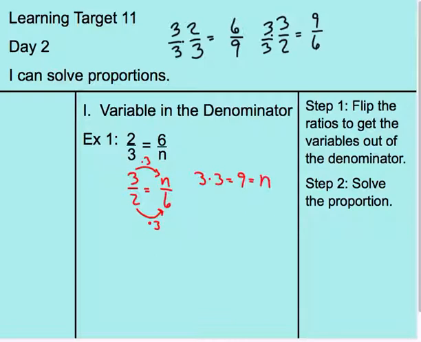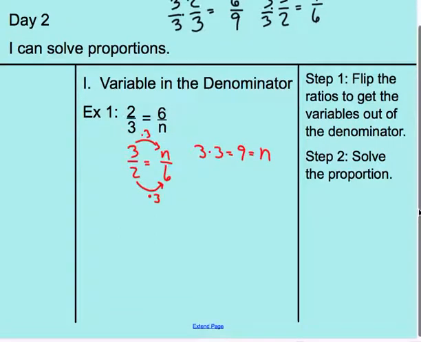Now, if that didn't make sense to you, let me show you another way to get the same answer. The way that we solved the proportion before, and I'm going to reset up my proportion, was by multiplying by the denominator, following the golden rule. So if I multiply both sides by 6 to cancel my 6 over here, on the left-hand side, 6 divided by 2 is 3, and 3 times 3 equals 9.